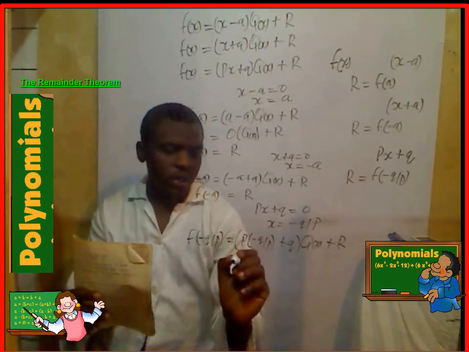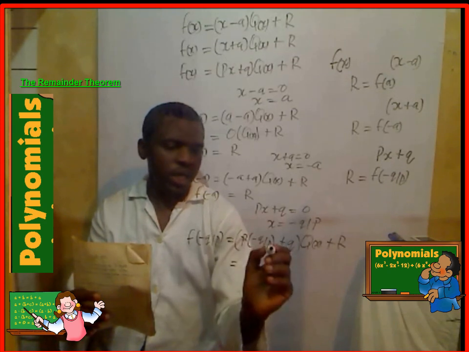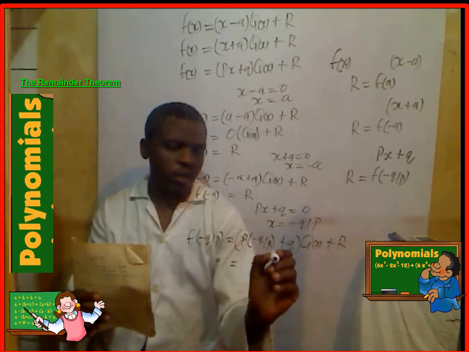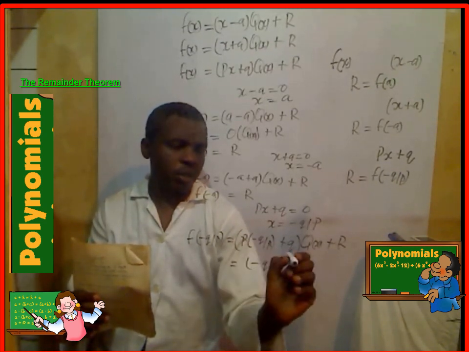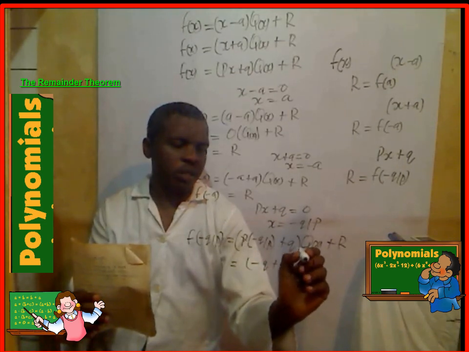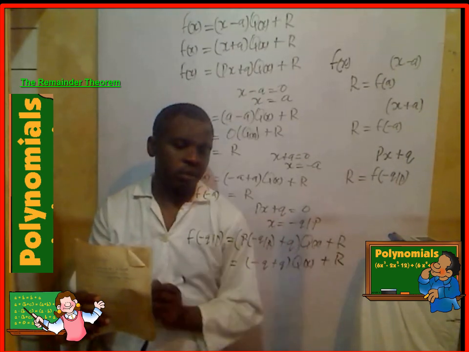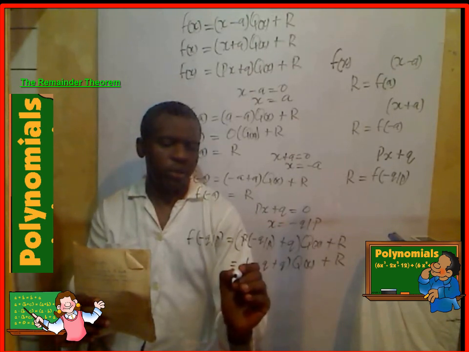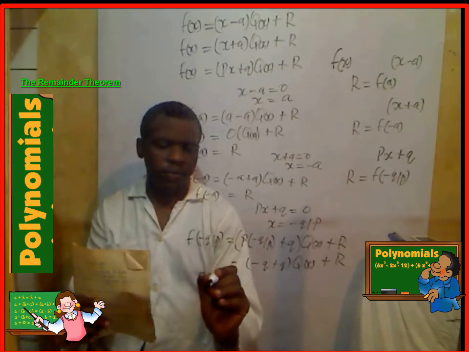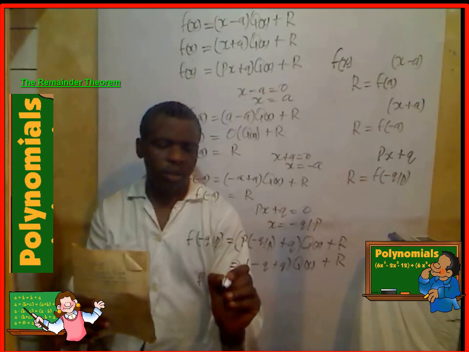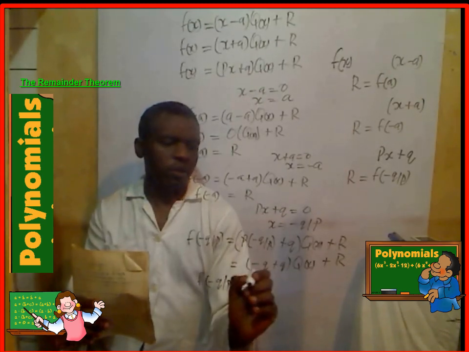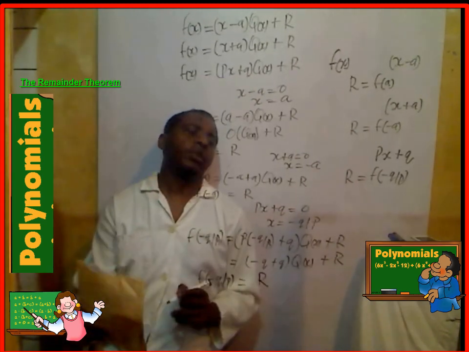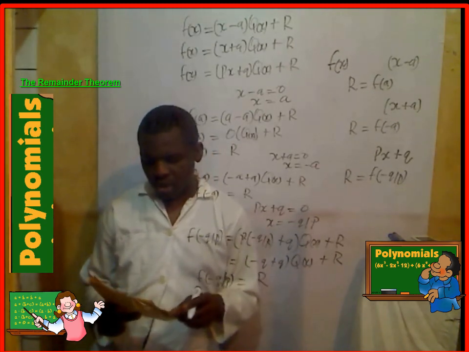This is equal to, p cancels p, we are left there with minus q plus q times the quotient plus r. Minus q plus q is 0, so we are saying that f of minus q all over p is equal to r. This is what is called the remainder theorem.